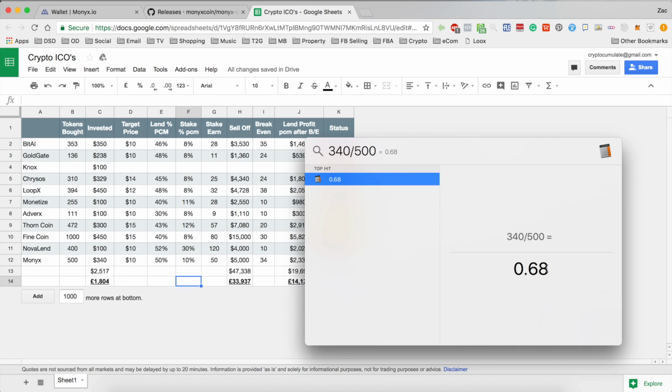So that is my average price per token that I've paid, 68 cents, which is pretty good. I mean, that's ICO prices right there. So this goes to show that you can definitely still buy tokens at a good price, even if you miss out on the ICO, depending on what happens when they launch their exchange.